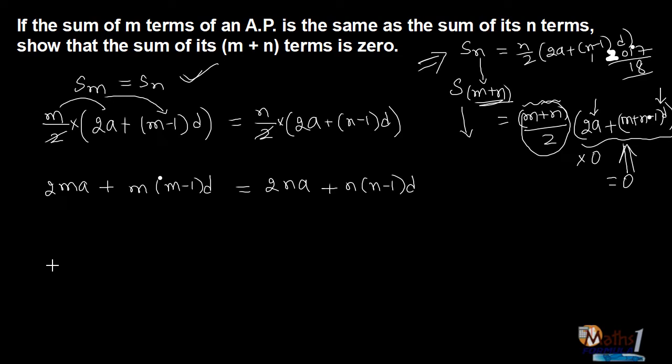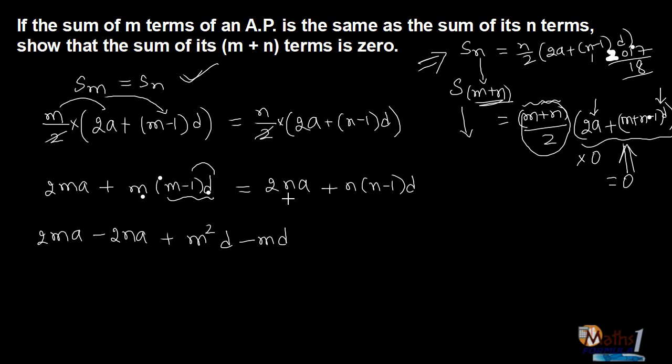I'll take everything onto the left hand side: 2ma minus 2na, plus m square d minus md. If I multiply these two first, that minus d into plus m will be minus md, and plus m square d.